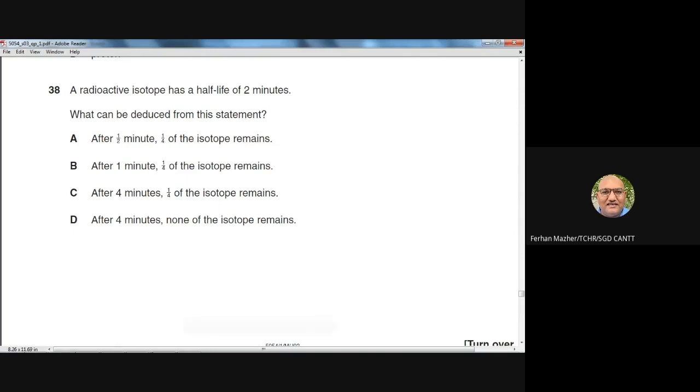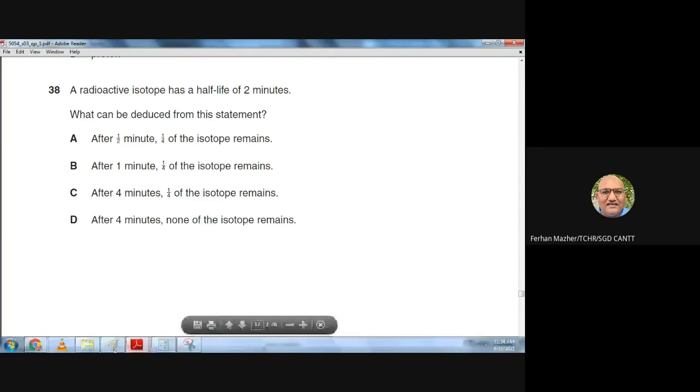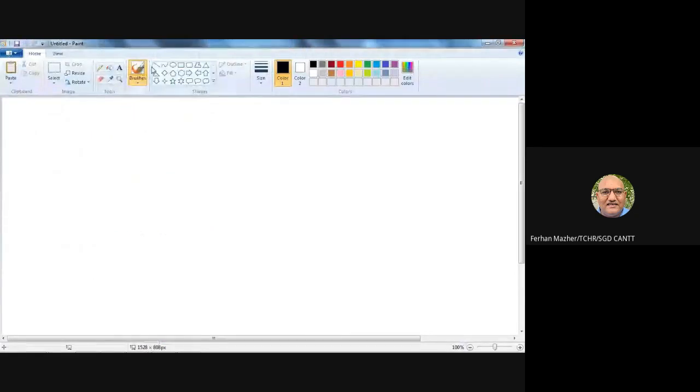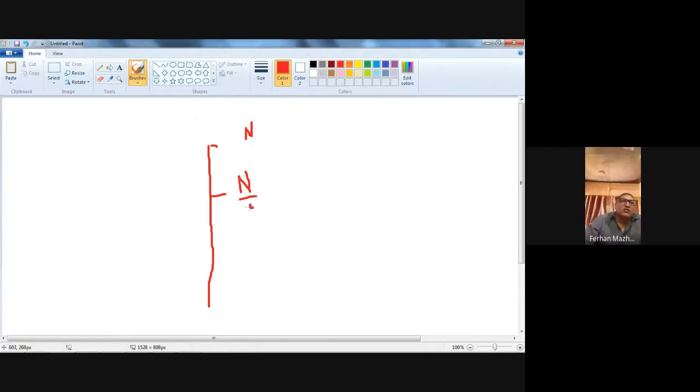Okay, let me show you. When 1 half-life passes, suppose the original amount is N. After 1 half-life, it will become N by 2.